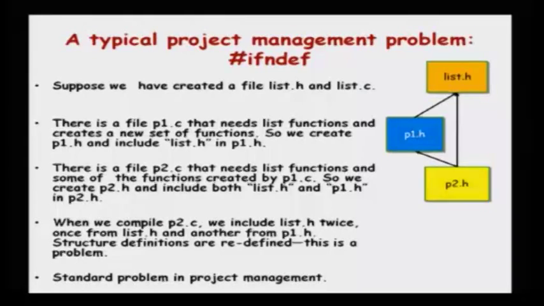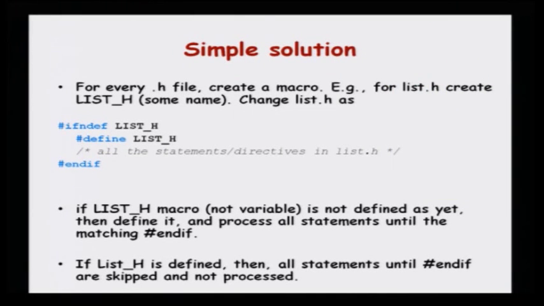So, how do we solve this? This is a facility provided by the C preprocessor. You can use this #ifndef/#endif. It is saying that if this macro is not defined, then do something. So, in list.h I will write the following: #ifndef. This is a macro that I will define.